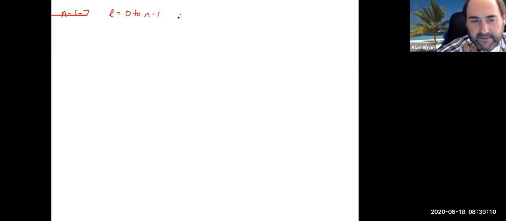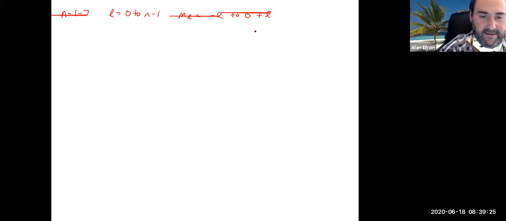And M sub L can have values of minus L to 0 to plus L. And M sub S can have values of plus or minus 1/2.